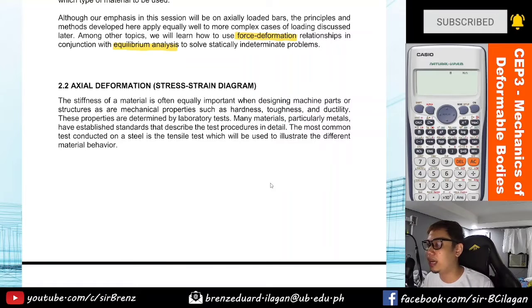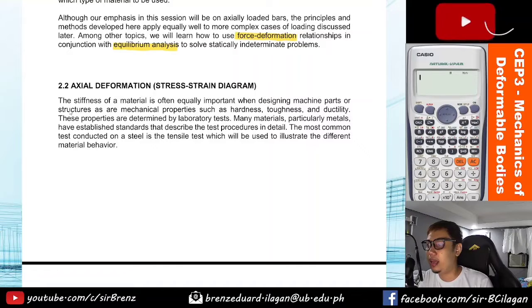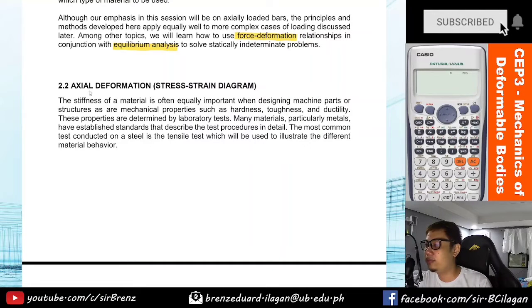So, what is this actual deformation or yung stress and strain diagram? Ito may discussion rin naman ako sa mga video lecture natin. So, the stiffness of a material, okay, is often equally important when designing machine parts or structures as are mechanical properties such as, ano ba yung mga to?